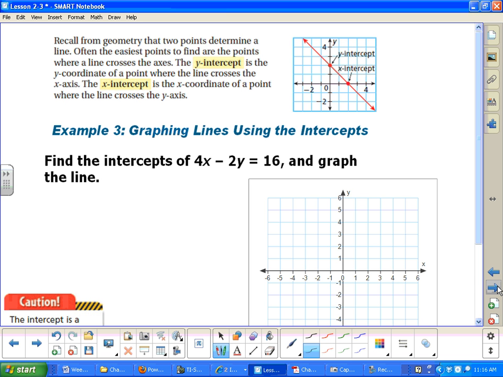So when we're looking for the y-intercept, x is equal to what? 0. And we're looking for the x-intercept, then y is equal to 0. Okay. All right, so y-intercept, x equals 0. X-intercept, y equals 0.